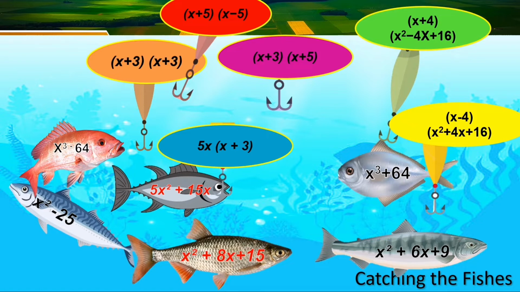So 5x squared and 15x has the common monomial factor 5x. Let's proceed. Let us now try to catch the fish with the polynomial x squared minus 25. Which among the baits above could catch the fish? Your time starts now.